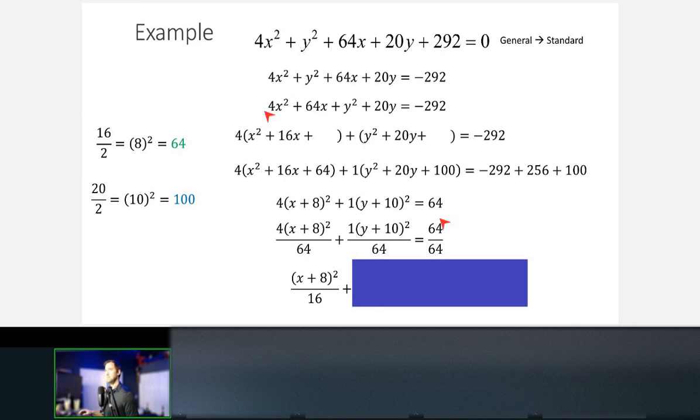Just like up here, we don't need the 1. I have it there just so we can see it and work with it. But in your final answer, do not put a 1 in front. It's not needed because 1 times anything is itself.